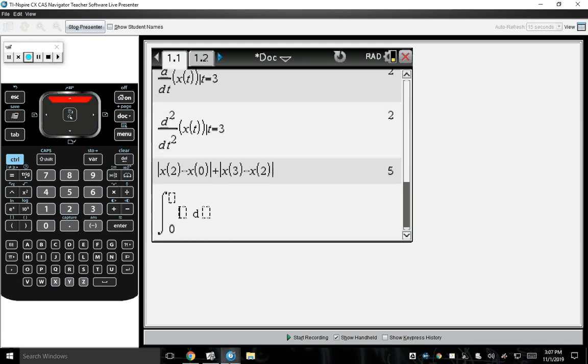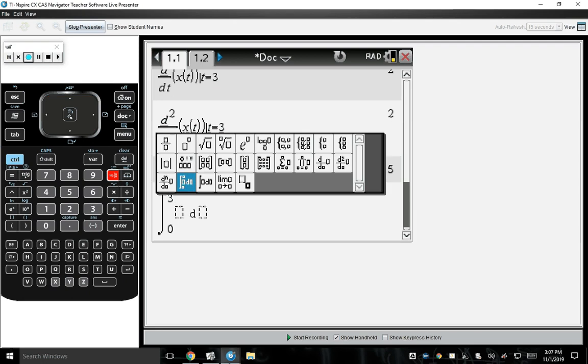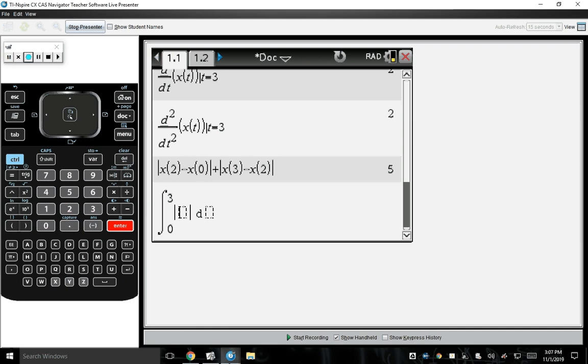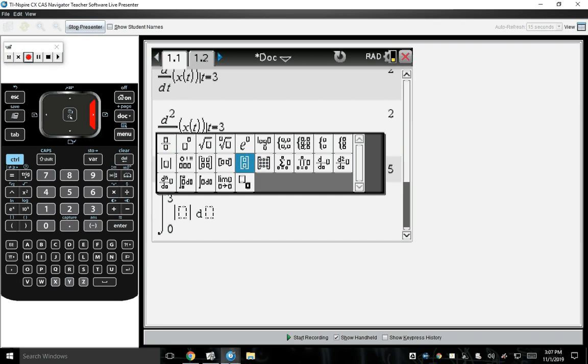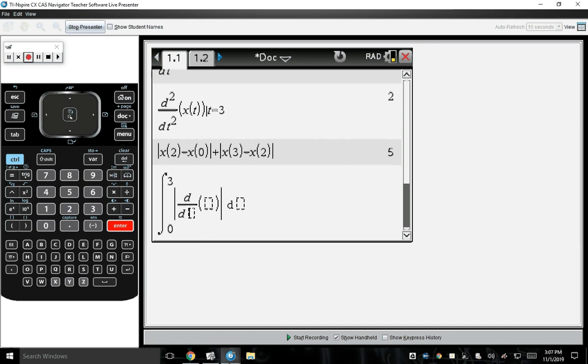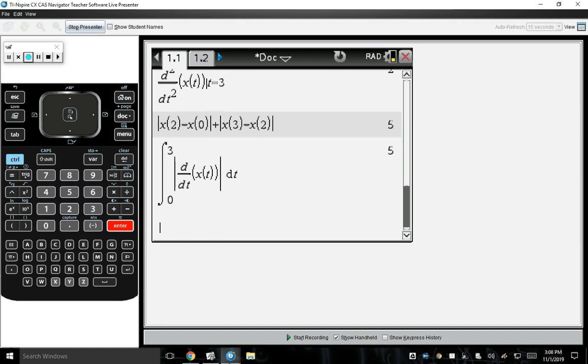We're going to say from 0 to 3 seconds, we're going to do the absolute value of the velocity function. Now, the velocity function is not x of t that I have stored, it's the derivative of x of t. So we can come over here and quickly initiate the derivative in respect to time of x of t that we have stored. And yes, you guessed it, at the very end, it's all in respect to t. And I would get 5 very easily.